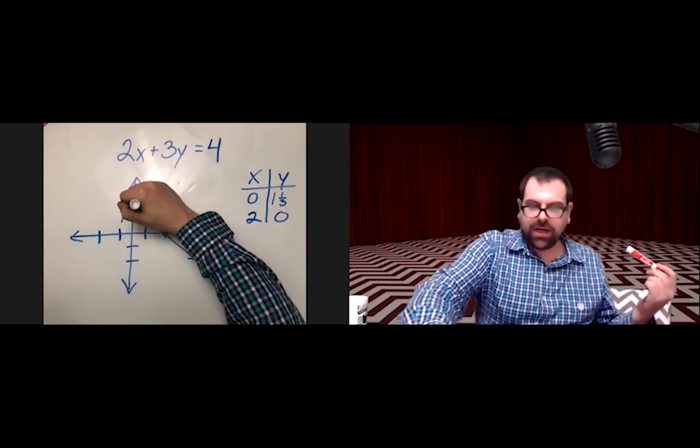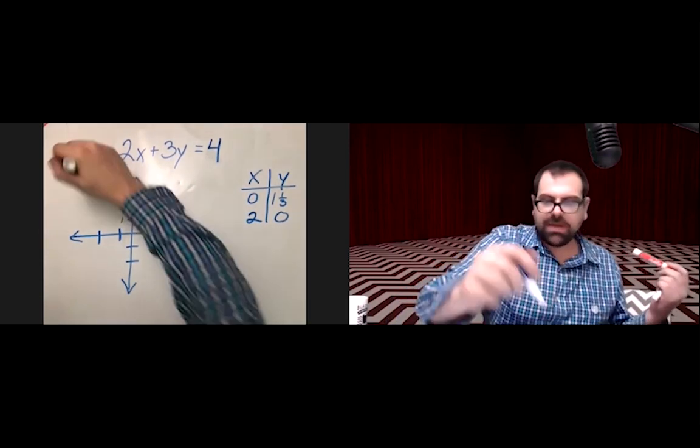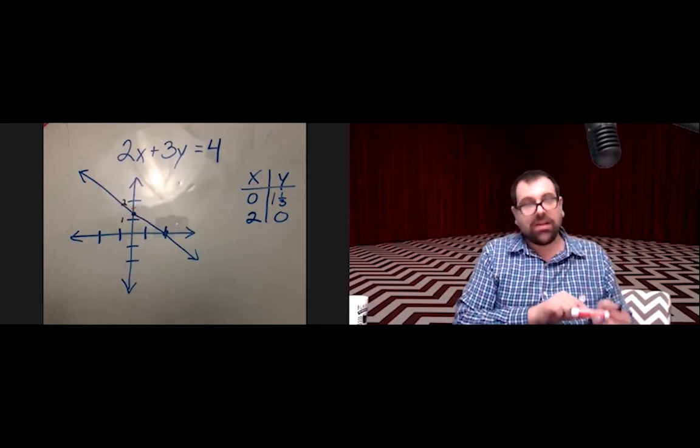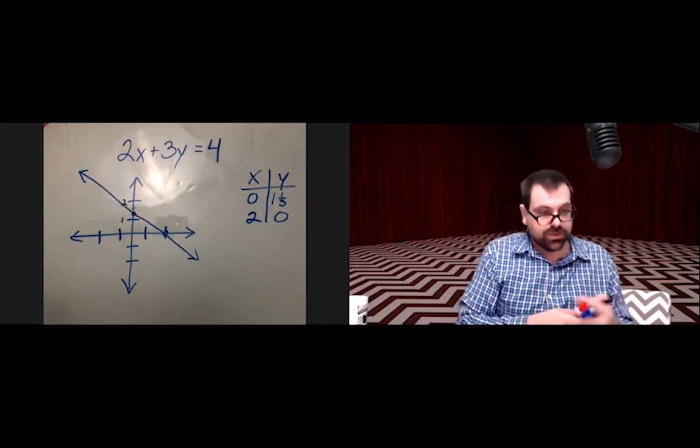And then use your straight edge. You just fold up a piece of paper. Use your straight edge to draw the line between those 2 points.